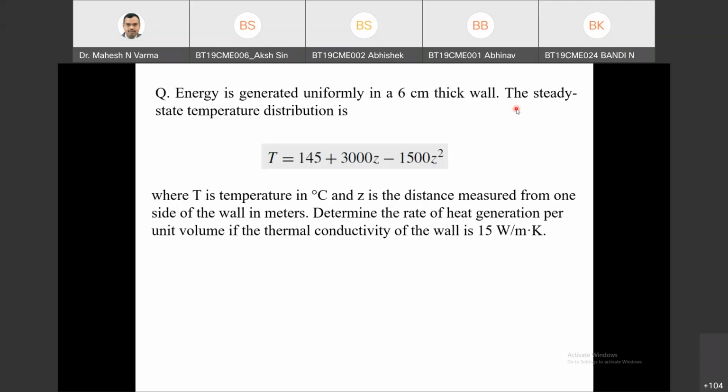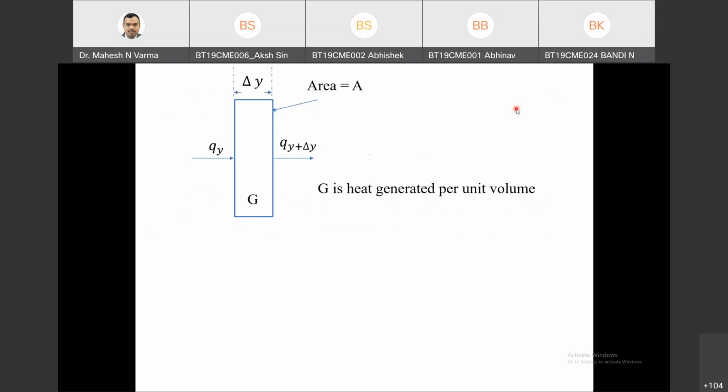Okay, but that will give you the wrong answer. That is what I am telling. Okay, this is what is happening. This is the rate of heat transfer. Consider a slab of differential thickness delta y. This is not 6.